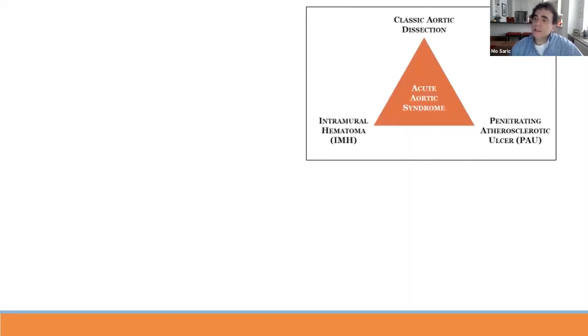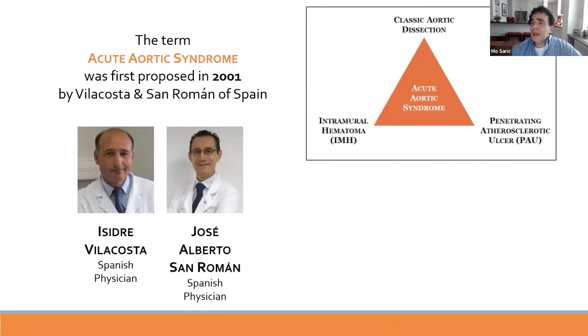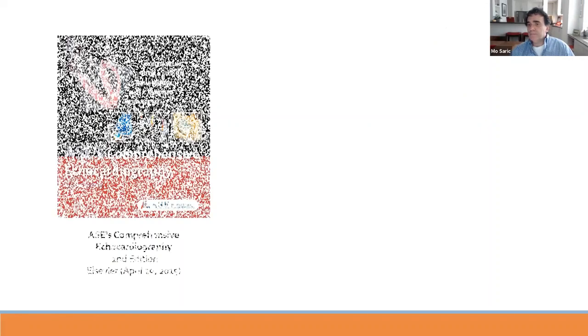Again, these are the three elements of the acute aortic syndrome. It was first described as such in 2001 by Villacosta and San Roman of Spain, and now the acute aortic syndrome is commonly used in clinical practice. And this is their original publication as an editorial in Heart Journal in 2001.